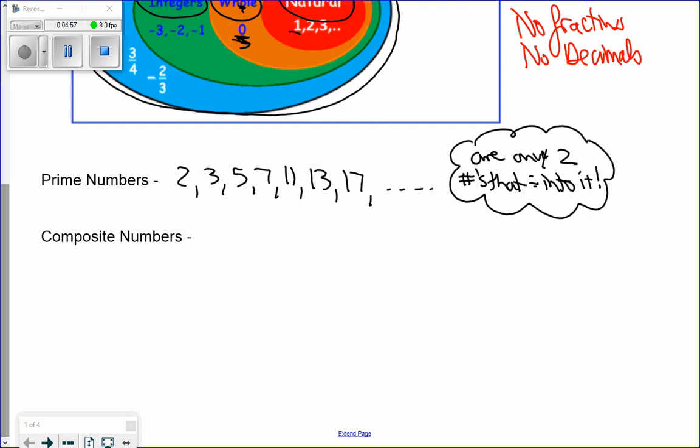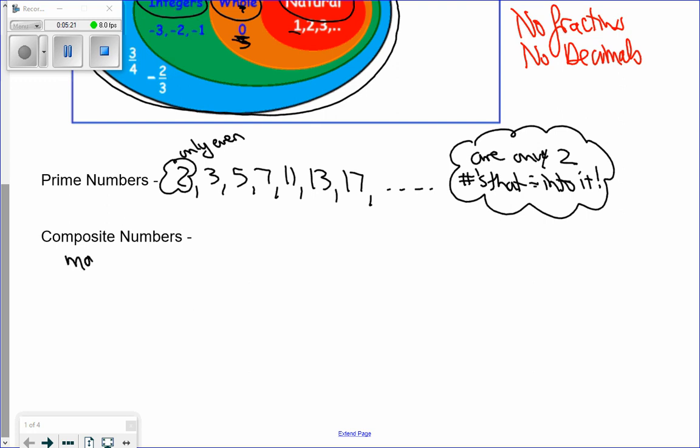Also, 2 is the only even prime number. Okay. So why didn't I write down 9? Well, what numbers divide into 9? 1, 9, and 3. So because it has more than 2 numbers that divide into it, these are the composite numbers.